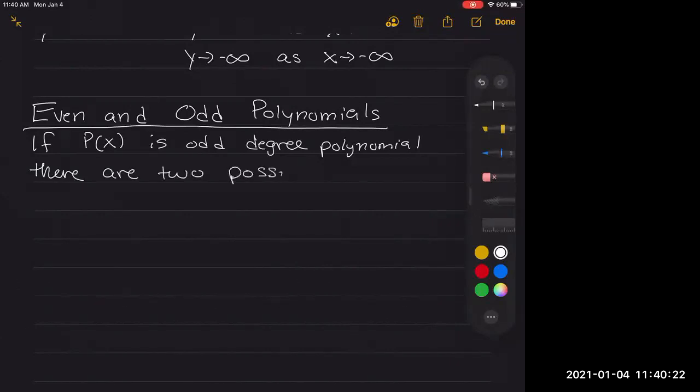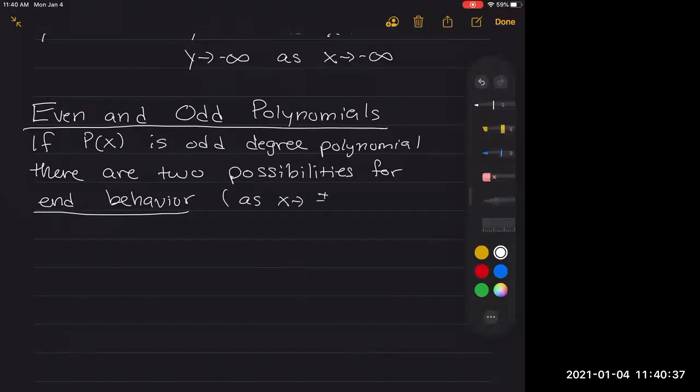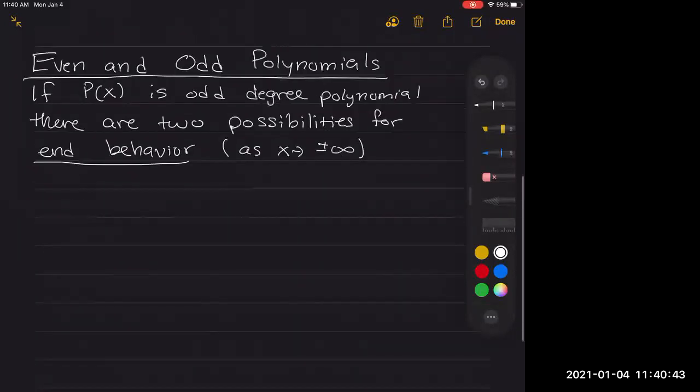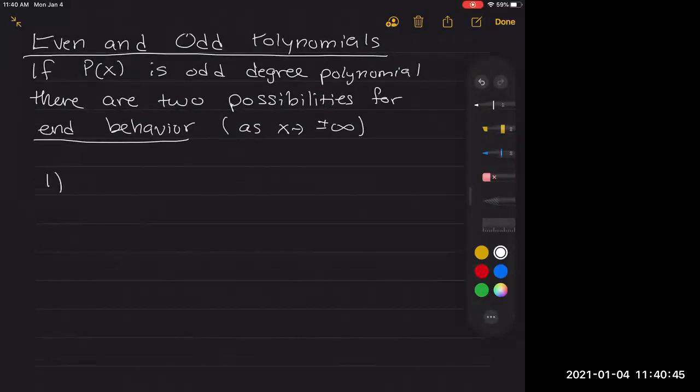And what we mean by end behavior is as x approaches positive or negative infinity.